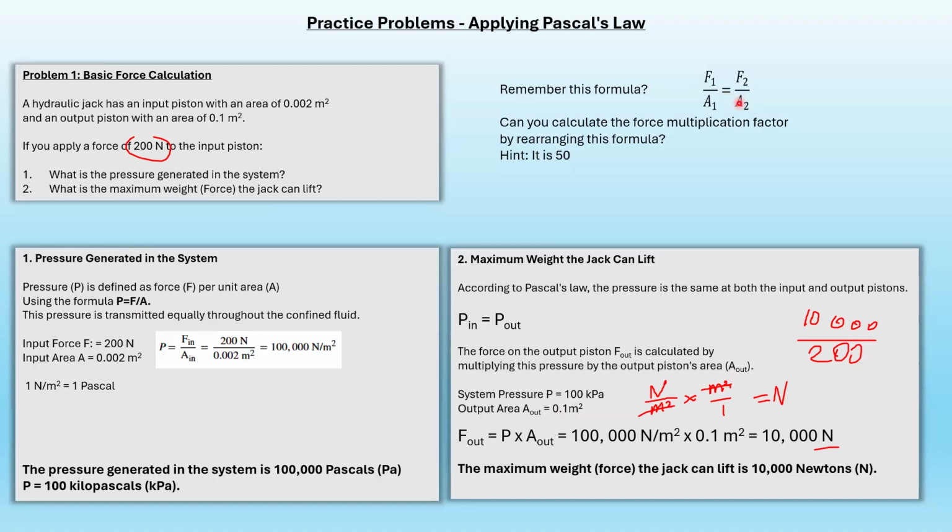So once we get the mechanical advantage or the multiplication factor, we could use that to our advantage again. Because this equation you can rewrite any way you want. This one here can be rewritten as, let's say, F2 over F1, and we're going to have the same as A2 over A1.